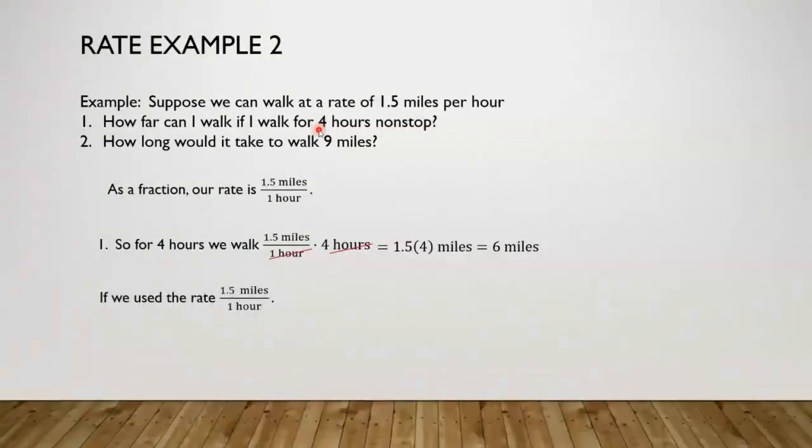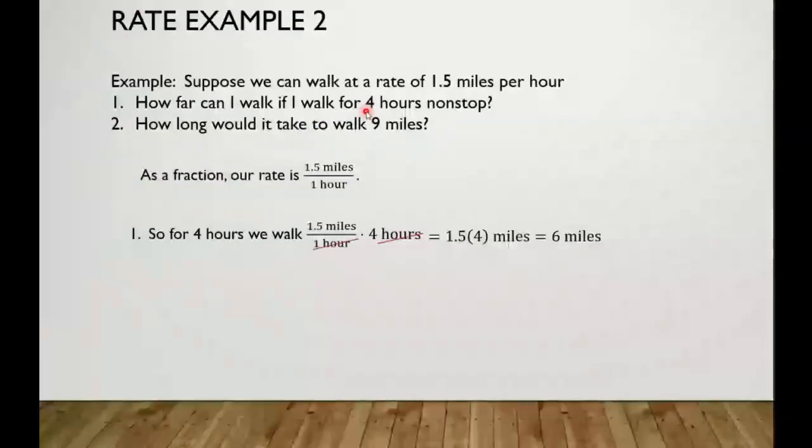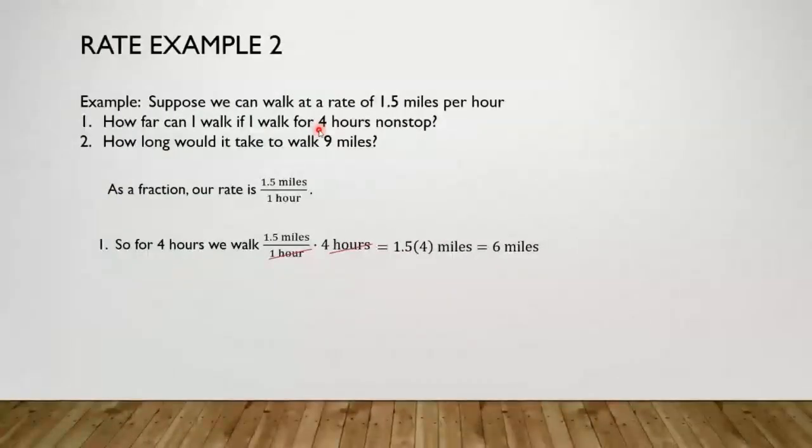Again, for number 2, we want to know how long it would take to walk 9 miles, assuming we're walking at that rate. We're not walking faster, we're not running, we're walking at that rate. Well, again, you have to be careful, because if we just multiply by the original rate without thinking, what's going to happen here?